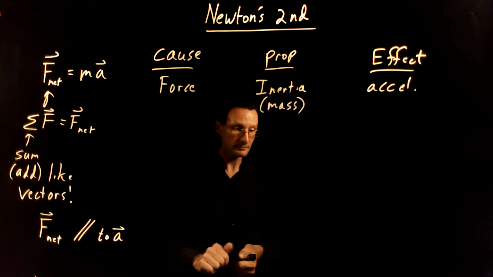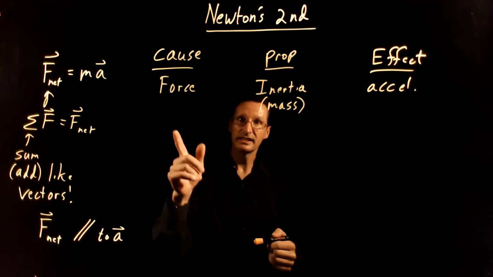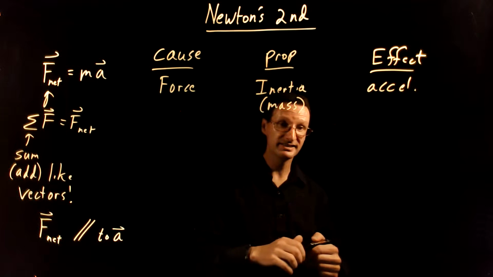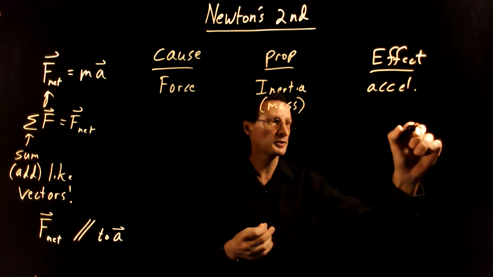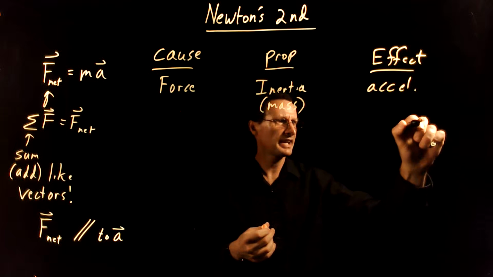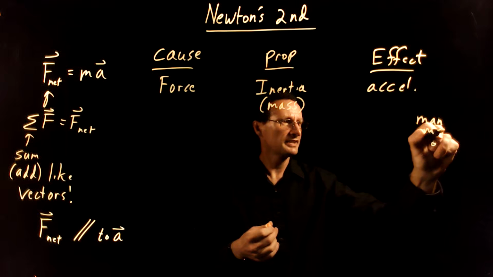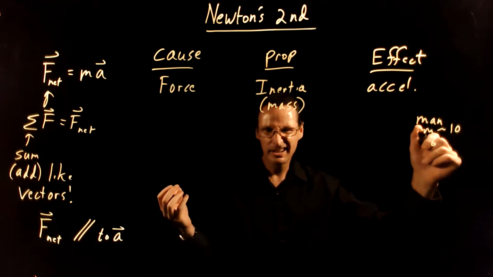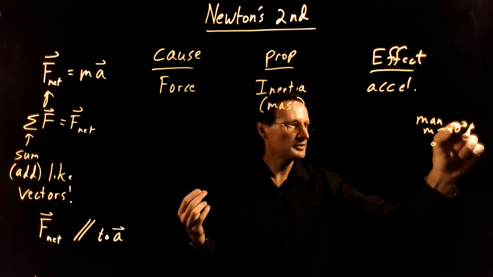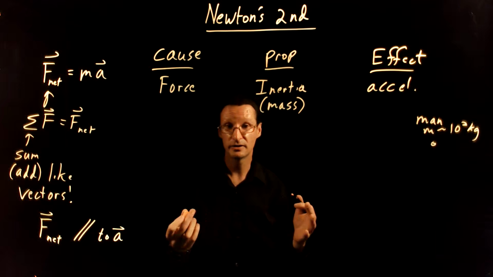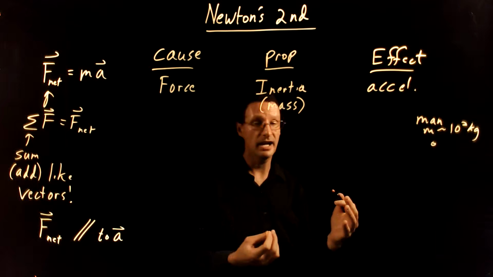There's a few other things that we want to talk about here. Force causes acceleration. So imagine you put a force on a man. Let's say the man's mass is about 100 kilograms, which is 10 to the 2 kilograms. That's about 220 pounds. That's not unusual for a man.